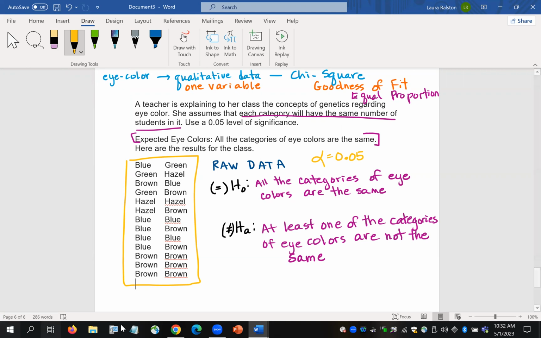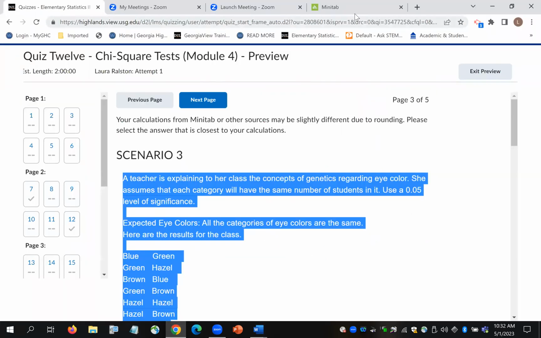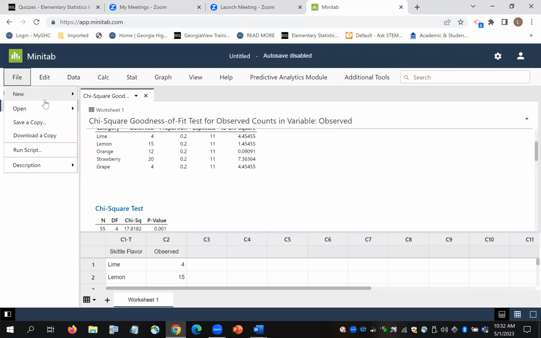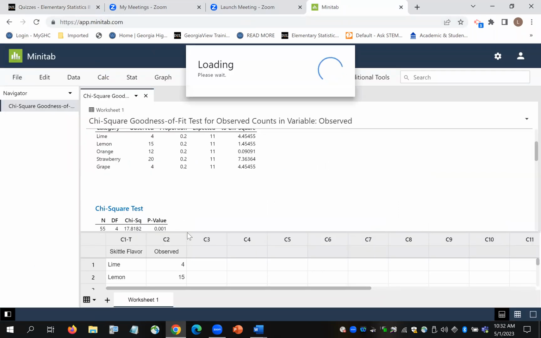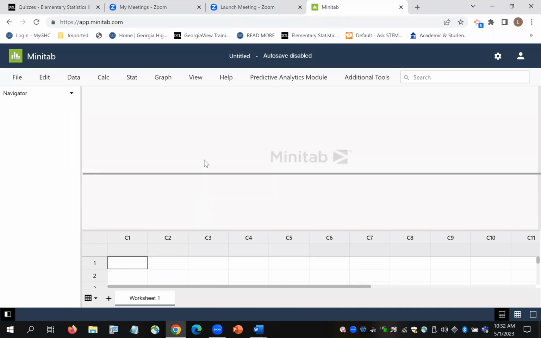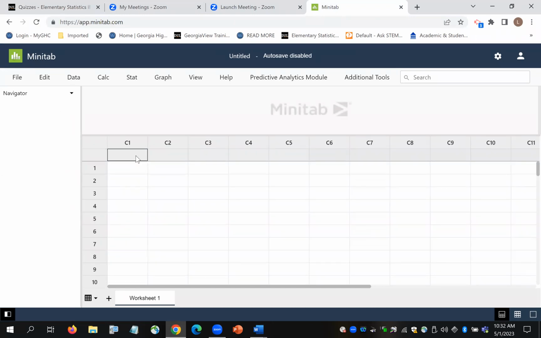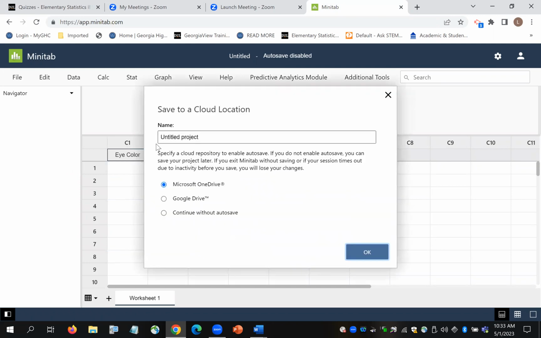So I need to enter the raw data into Minitab. Get a clean sheet. Okay, so in column 1, I'm going to enter this list of eye colors. I'm going to type them in.